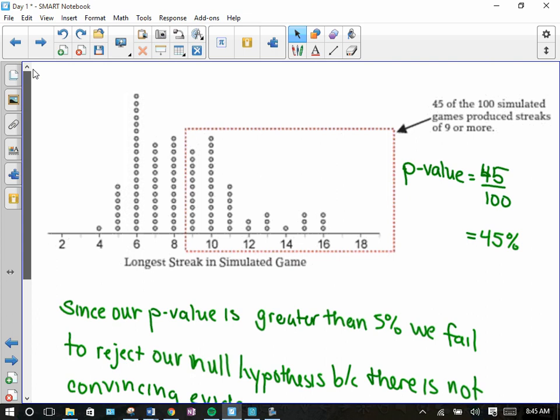That's 6%, which is still higher than 5%. Right here you have 1, 2, 3. 3 out of 100 would be 3%, which is less than 5%. So we would reject our null hypothesis and accept our alternative hypothesis if he had 16 completions or more.